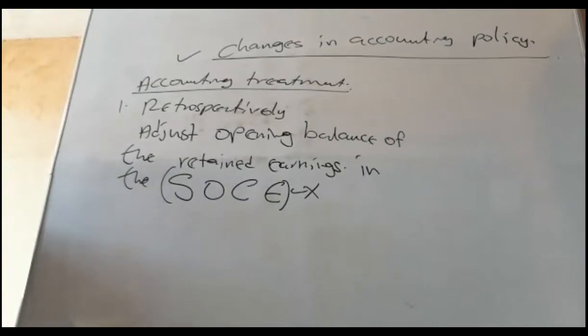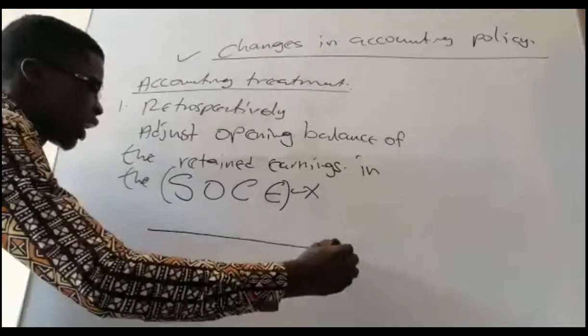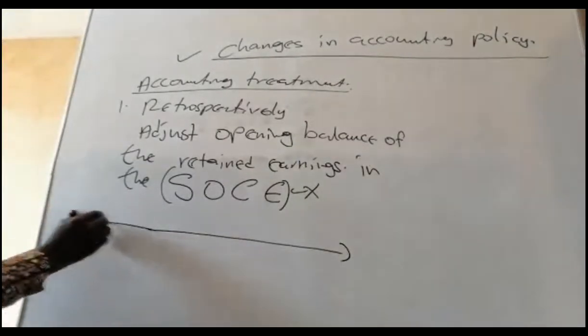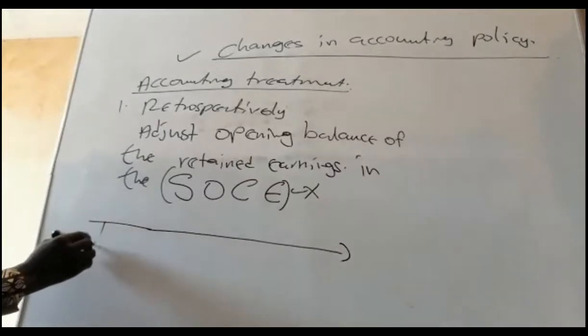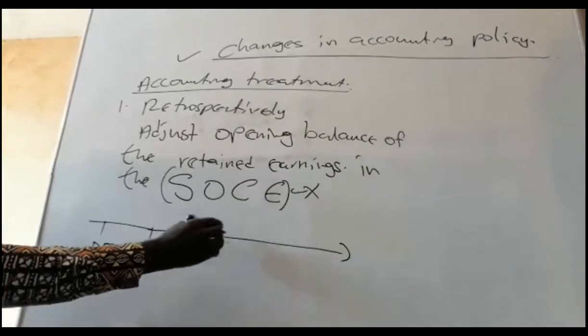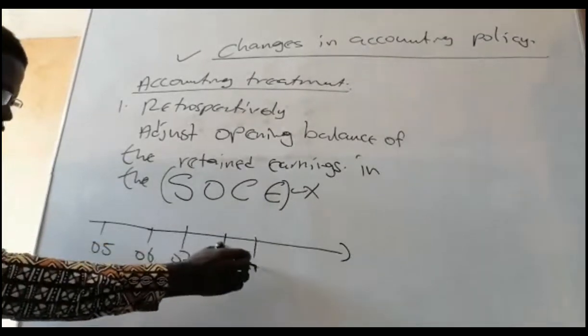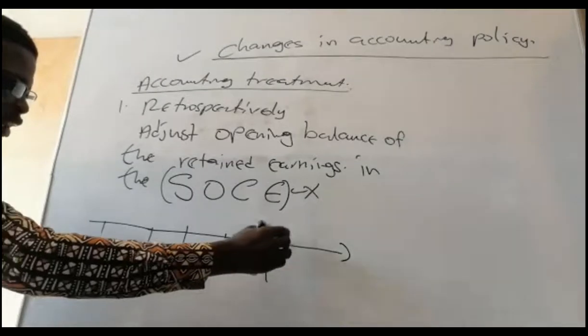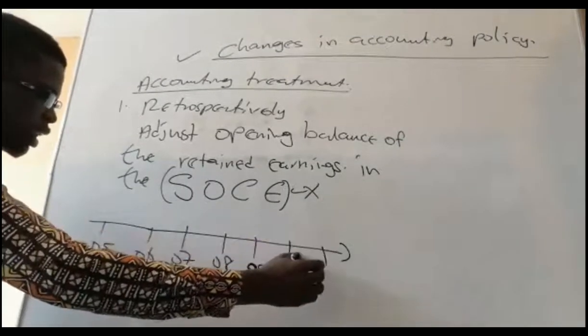Now, what do we mean by the opening balance? We said that we apply the change as if the new policy has always been there. Let's assume our example: 2005, 2006, 2007, 2008, 2009, 2010, 2011.